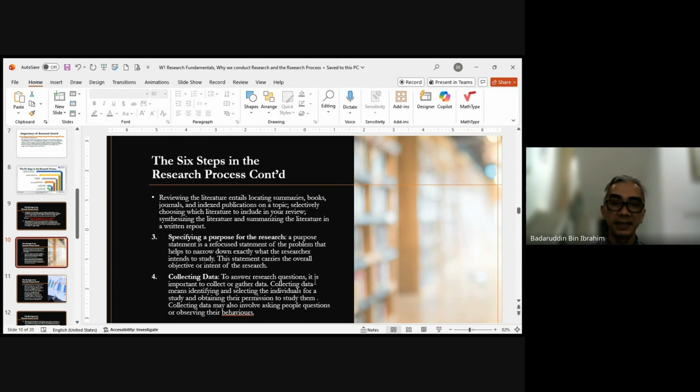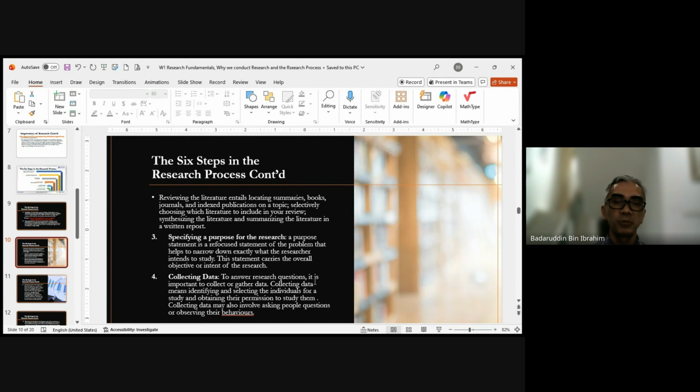At the proposal stage I can understand, but sometimes I find copy and paste even at the Viva voce stage, which for me is unacceptable. You just copy from the article and paste it into your thesis. No, you need to synthesize your literature, synthesize your reading.